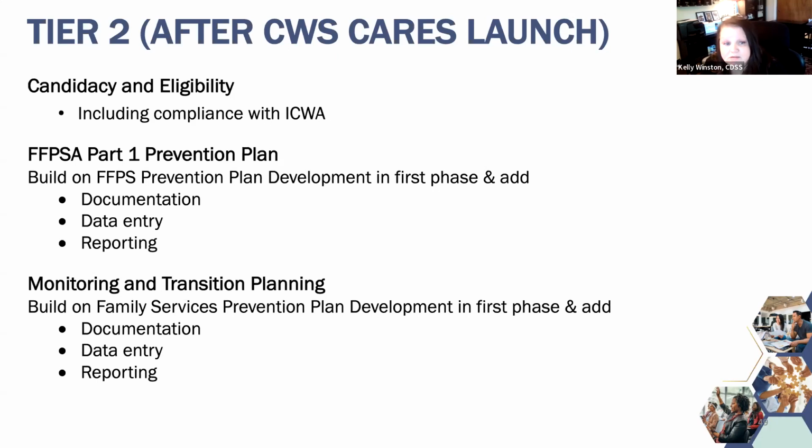And then also what we need to capture for ongoing monitoring, that safety and periodic risk assessment, and then the length of services and transition planning for once a family is ready to end their FFPSA or FFPS program. Next slide, please.